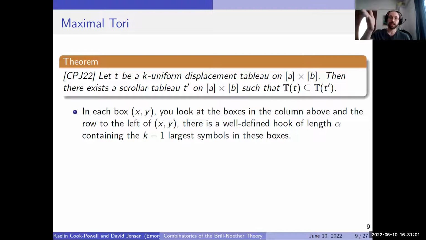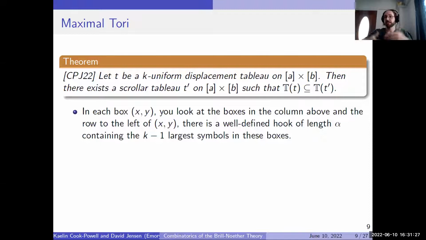If I was to just look at any box in my tableau, well, I can look at all of the symbols in the column above and the row to the left, which I might be mirrored, so I might not be moving my hands the right way, but hopefully the image is good enough.